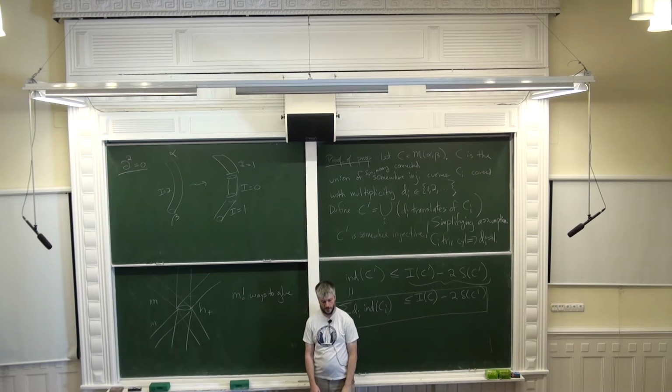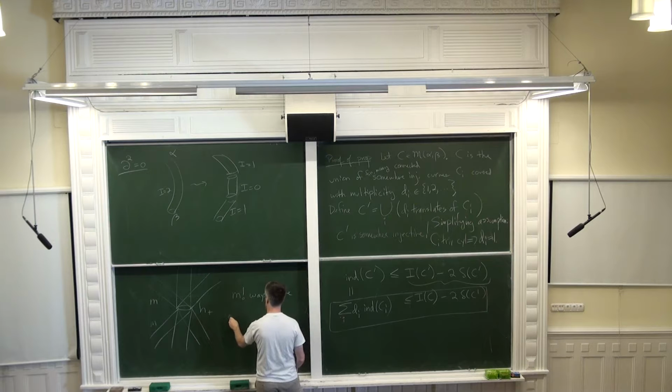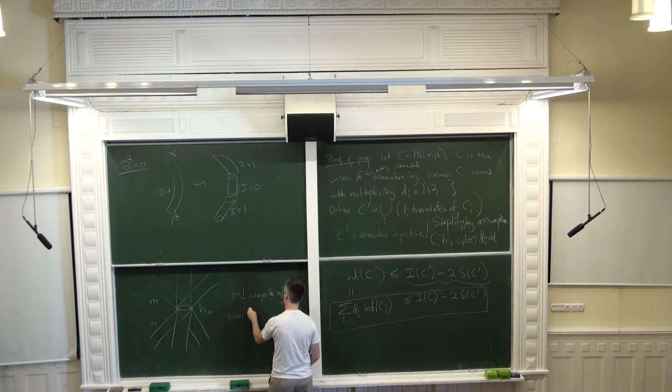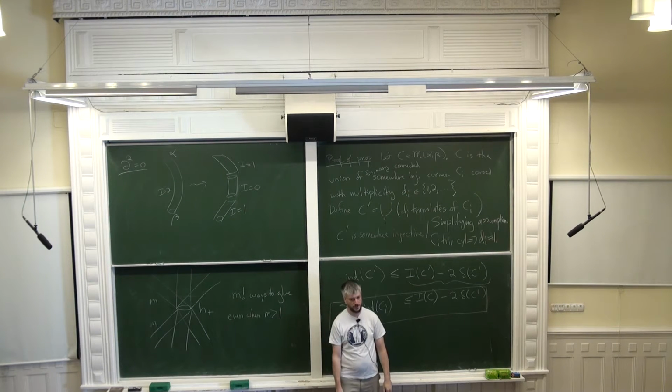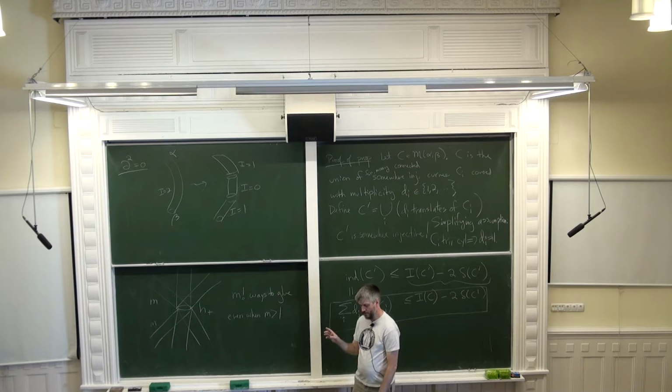Now, when n is bigger than 1, this is even. So if you're working over Z mod 2, then the number of ends of the moduli space that you can produce by gluing this is 0.